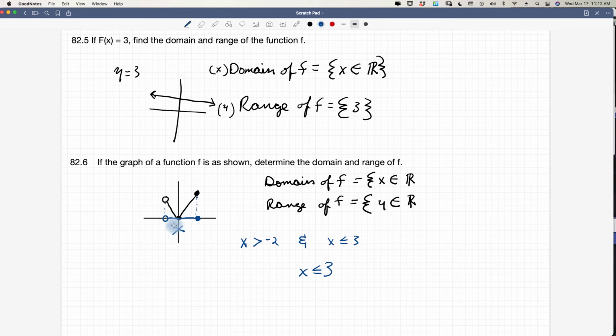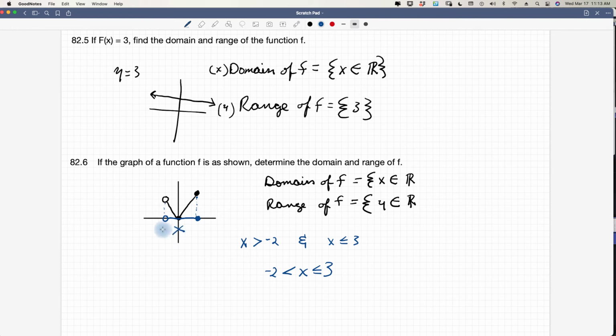So x is greater than -2. So we make the open part face the x, and now we write -2 on the side, where the point is facing the -2. And that's how you write your conjunction.